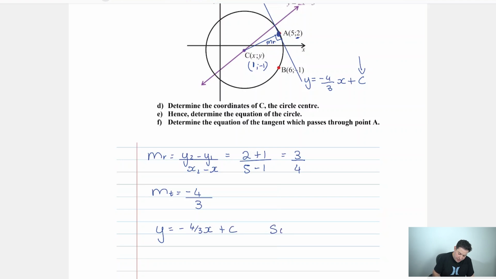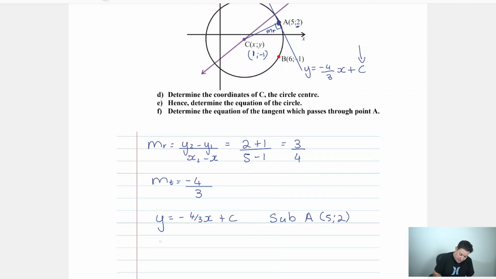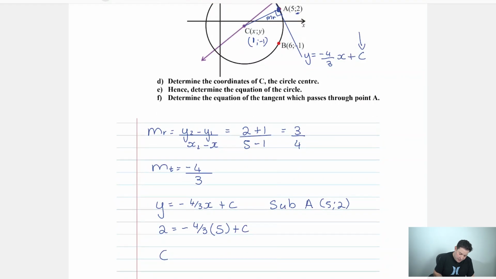Always tell the examiner what you're doing. You substitute in point A, which is 5 and 2, into the equation. So y is equal to 2, and that's minus 4 over 3 times 5 plus c. So c is equal to 2 plus 4 over 3 times 5.